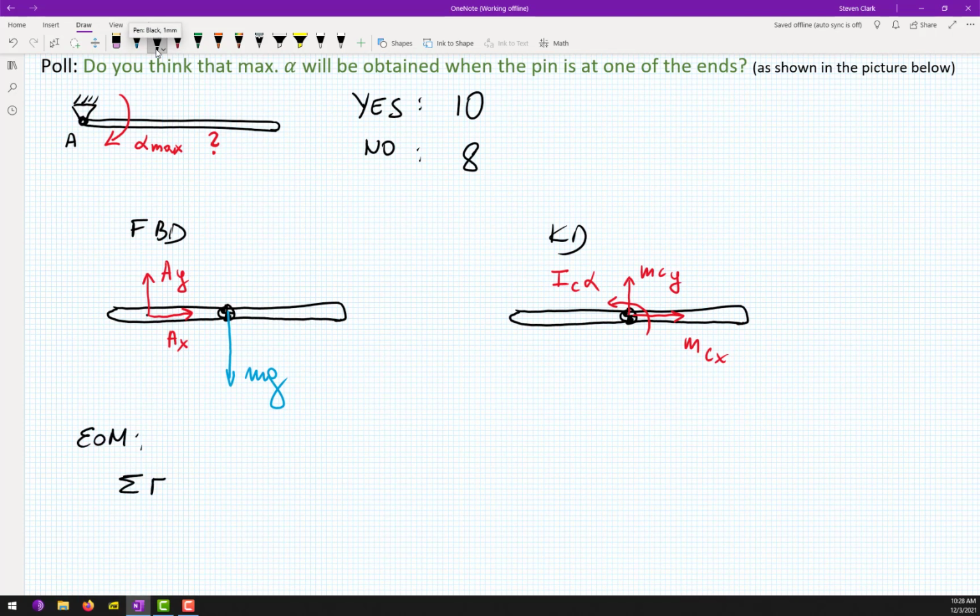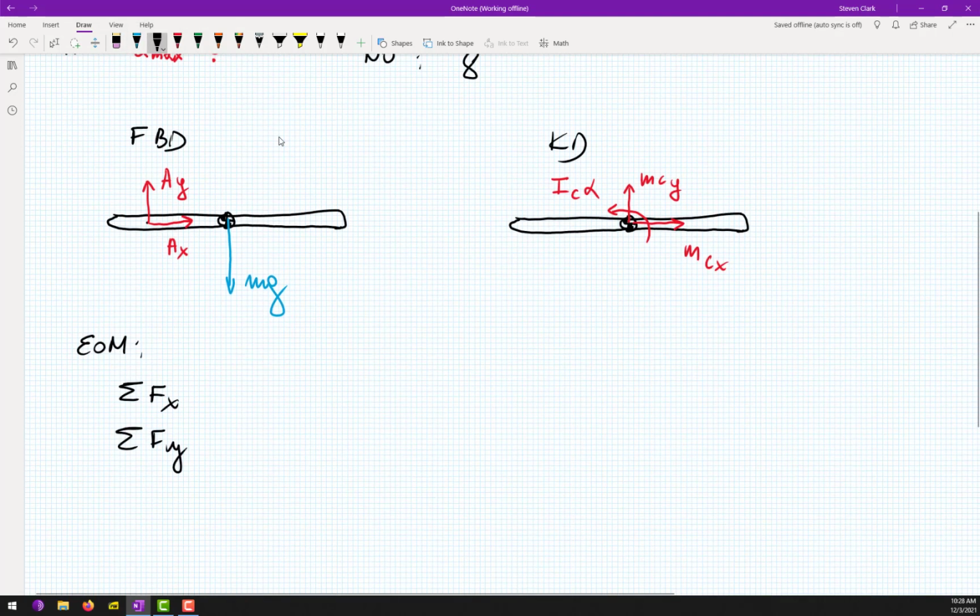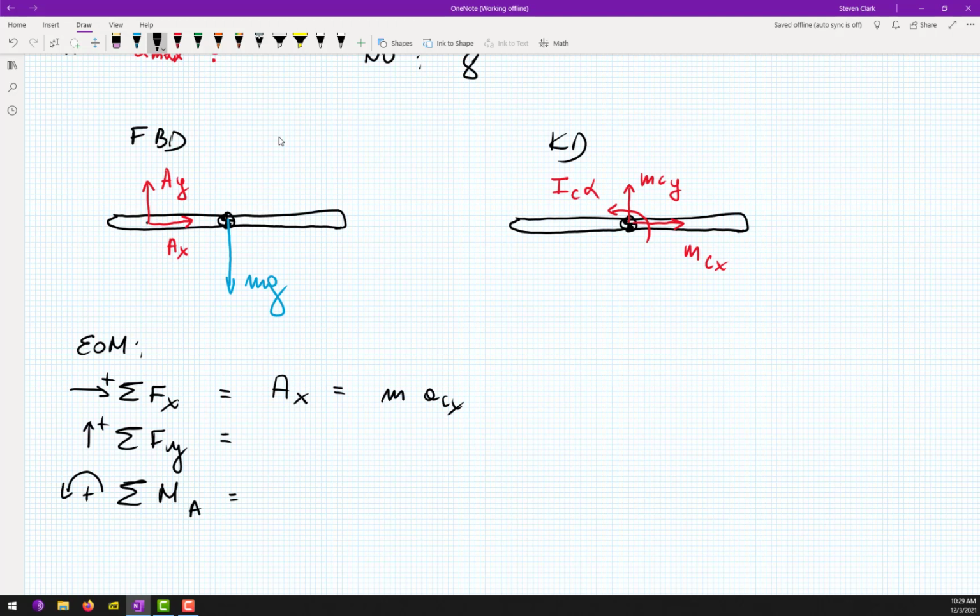Sum of forces in the x direction, sum of forces in the y direction, and since we have a pin in here, and that pin is for sure instantaneous center of rotation, we will do sum of moments about A for the first time this semester during our discussion. Okay, so in here we have AX is equal to MACX, and I forgot about A's in here.